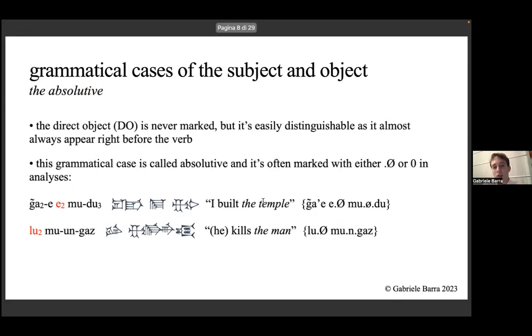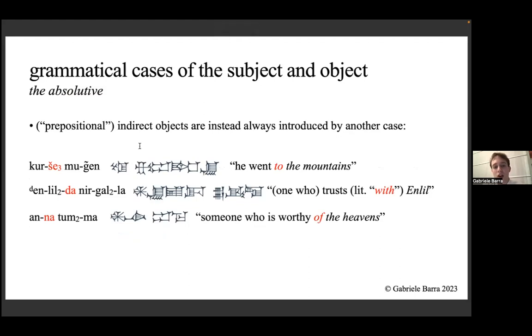While the absolutive direct object is never introduced by a suffix, the indirect objects are. So kur she, for example, he went to the mountains. Mungan, gan meaning to go. And lil da, with and lil.